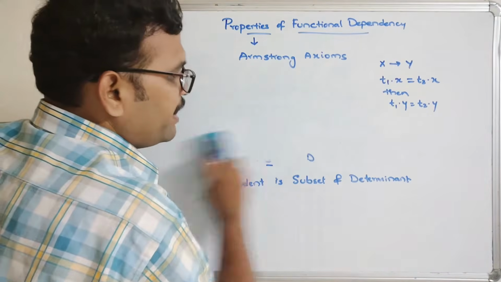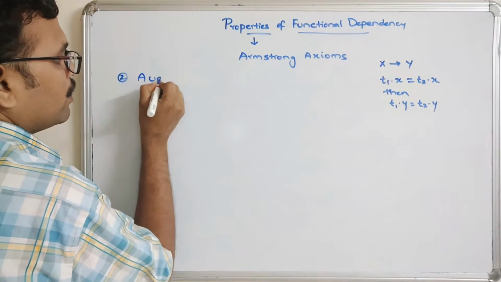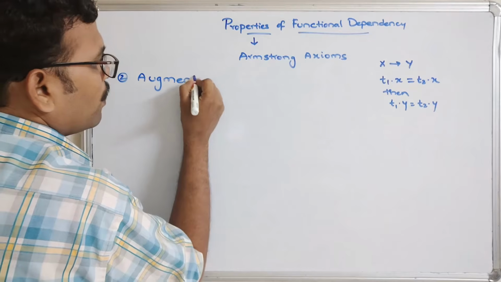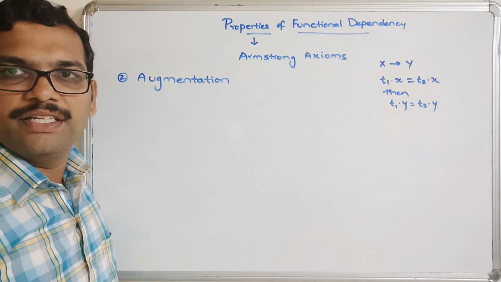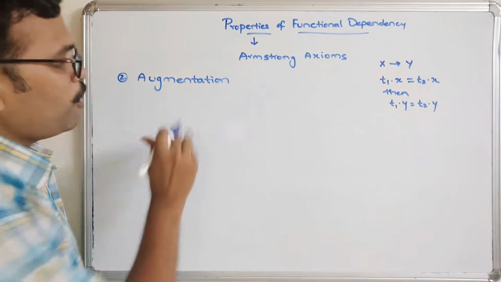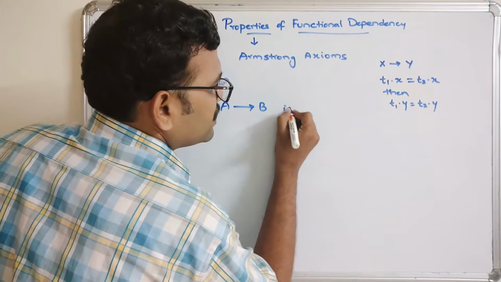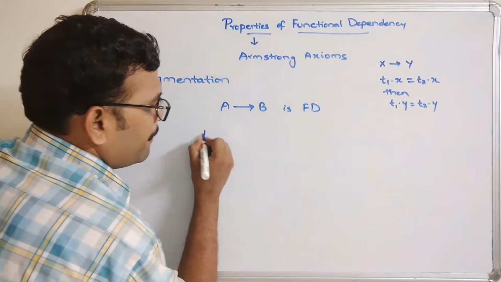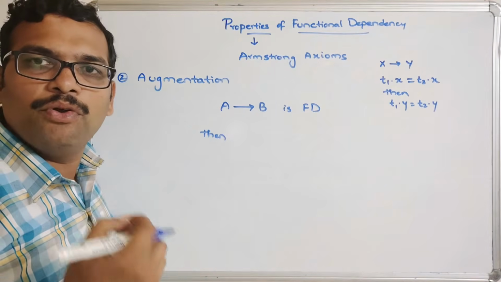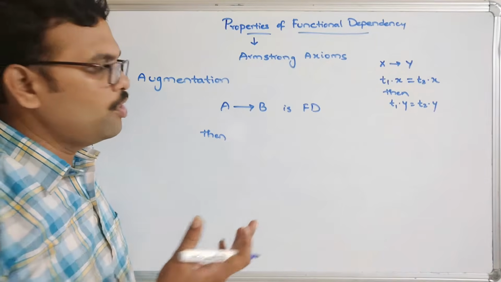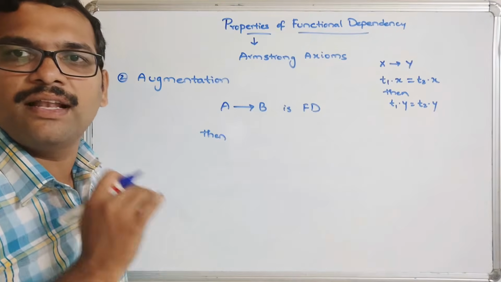The second one is augmentation. So this augmentation property says, if A tends to B is functionally dependent, and if you add a single attribute or a set of attributes to both the determinant and the dependent, then it will also be functionally dependent.